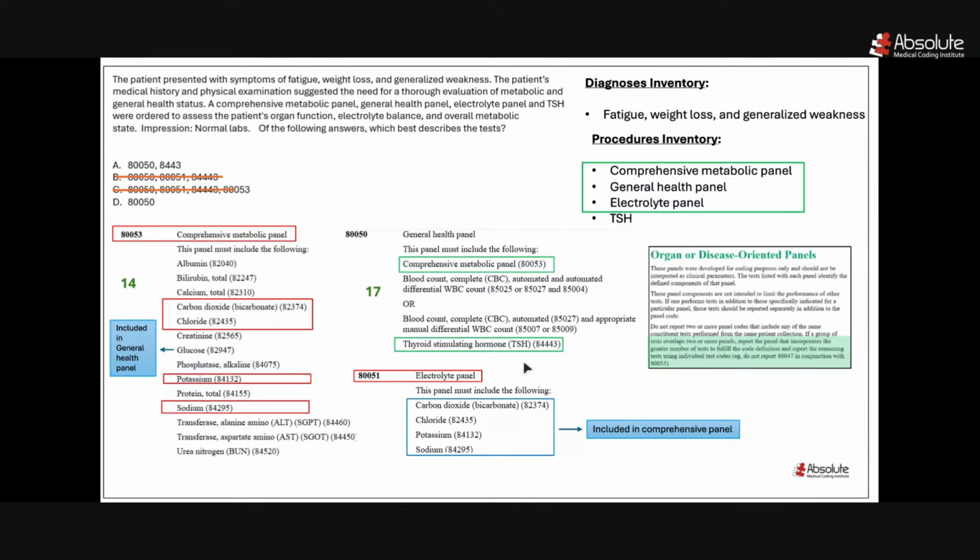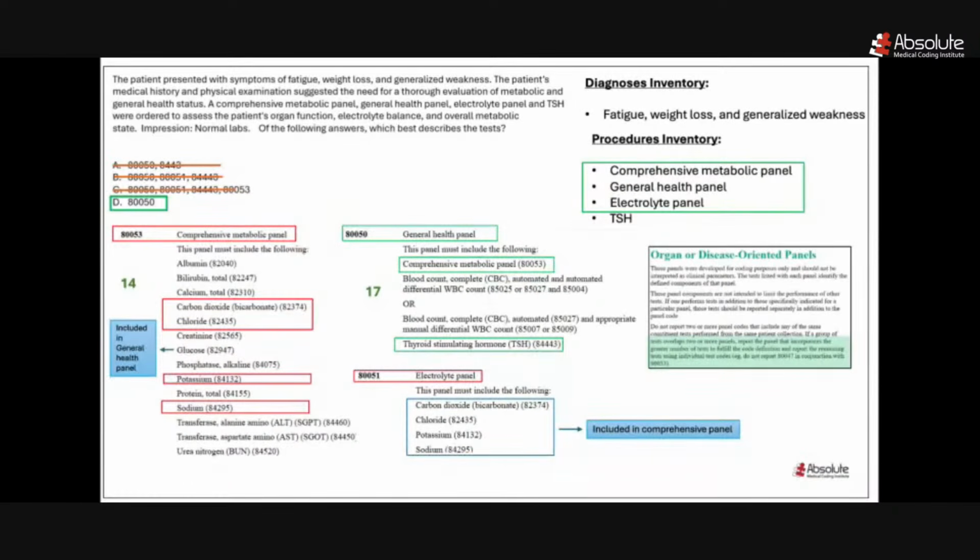It is bundled into the general health panel. That makes option A also incorrect. I saw that many of you changed from option A to option D. Fantastic. It's good that you found where you went wrong and corrected it. That's a good habit. So option D is going to be the correct answer.